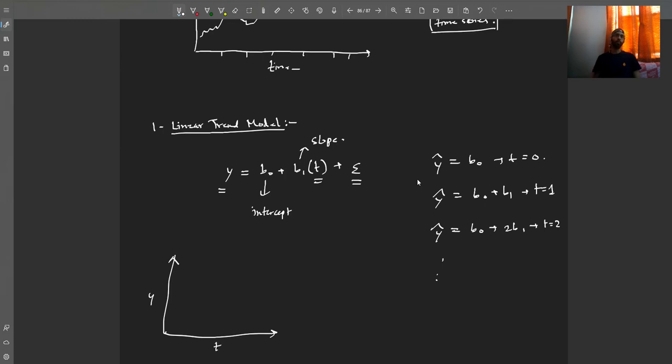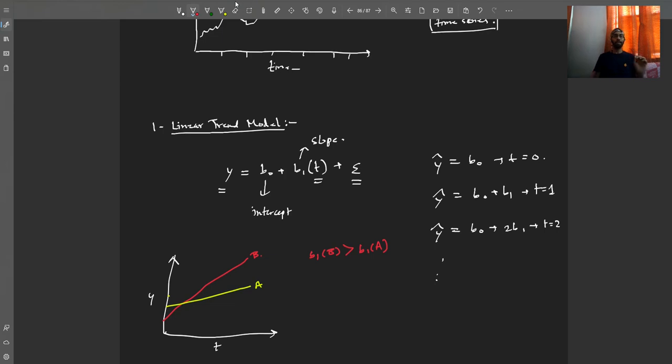Now we have two regression lines. One is like this and the other is like this. Now let's say the green one is line A and the red one is line B. Which one has a higher slope, friends? Obviously line B. That means b1 for B is greater than b1 for A. That is, the slope is higher.